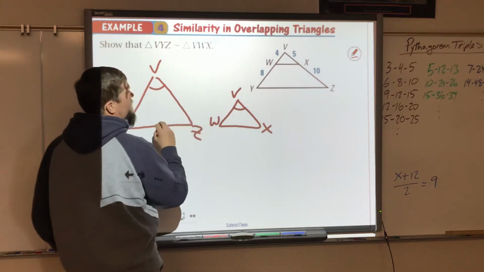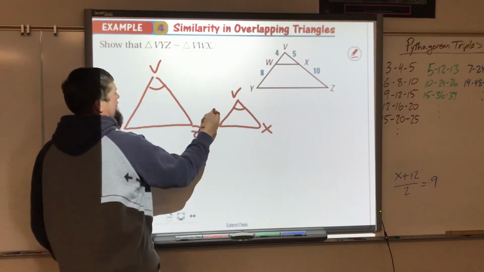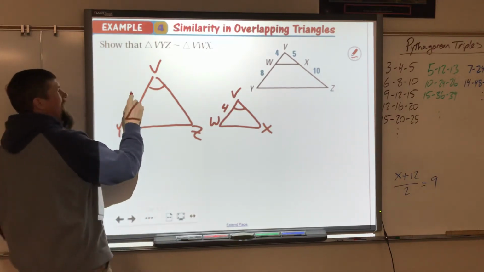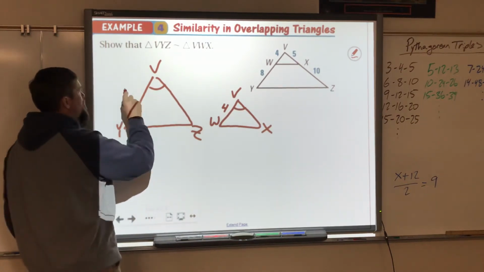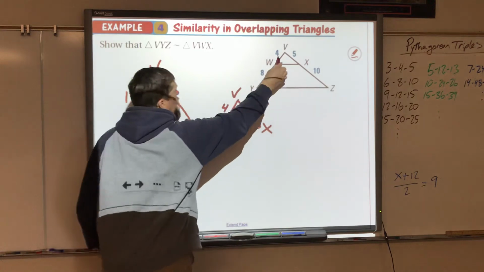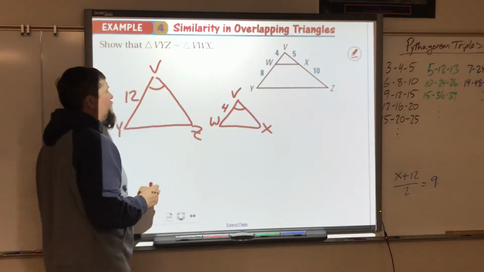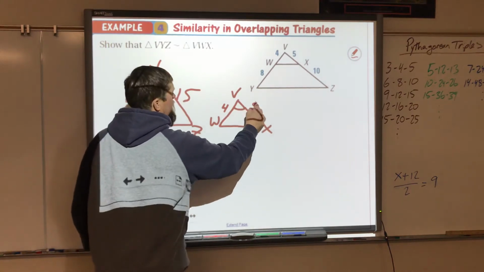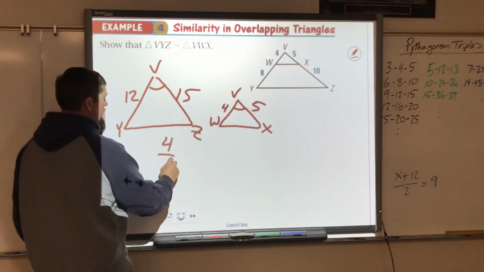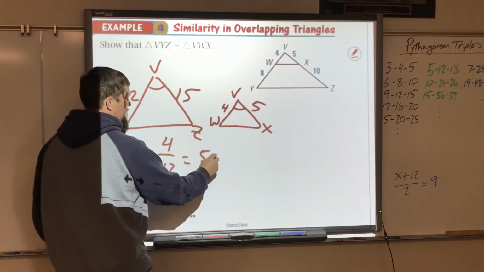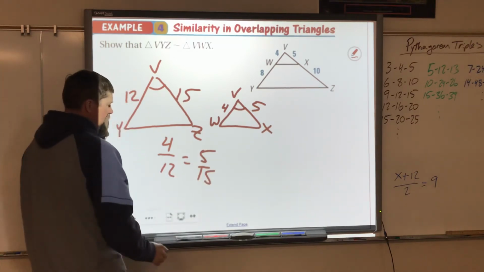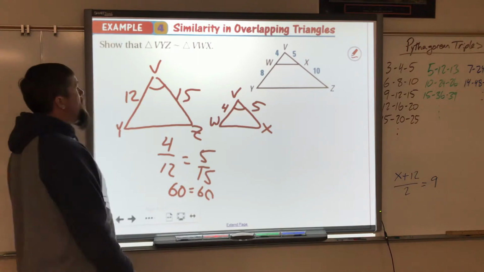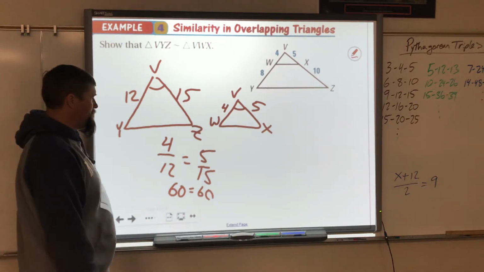We need to prove that then this side, which is 4, compares to not 8, but 12, because it's both of these added together. This side is 15, and this side was 5. So 4 compares to 12 as 5 compares to 15. 60 equals 60 using cross products, so it is correct.